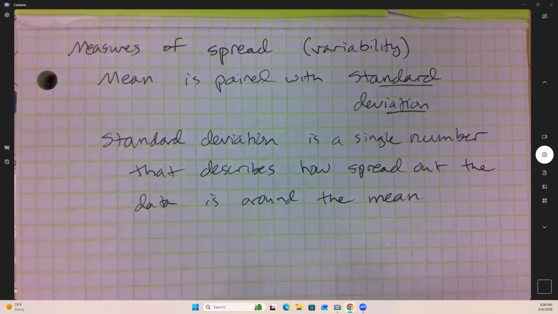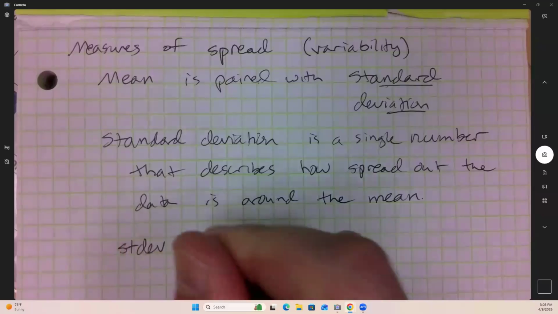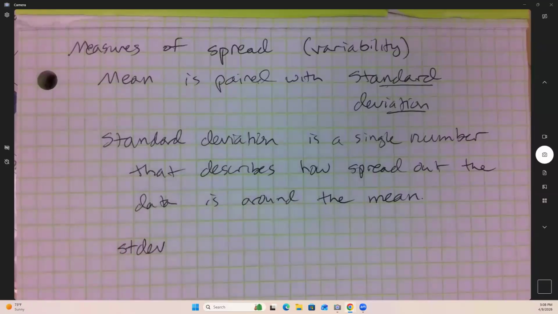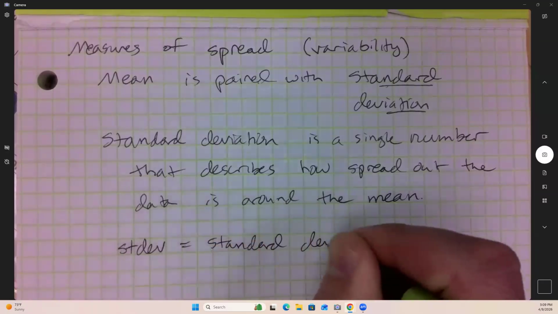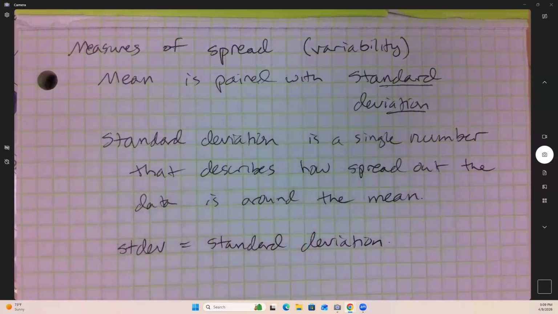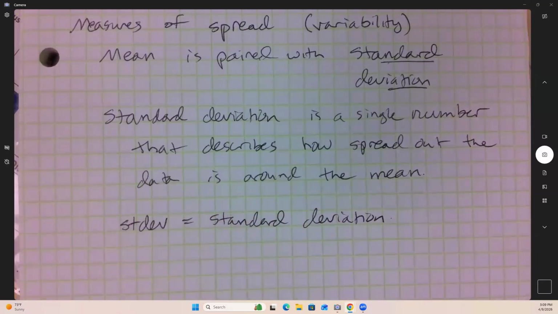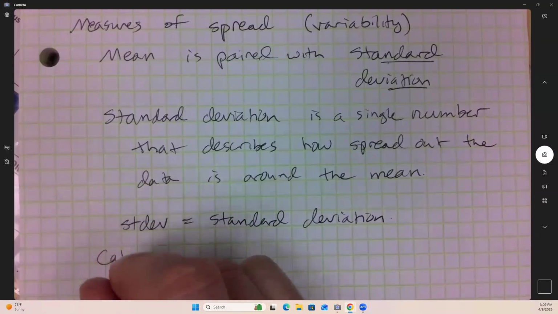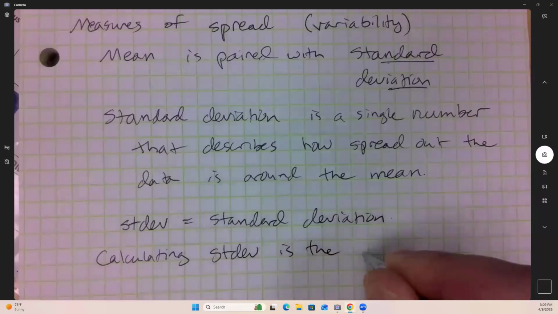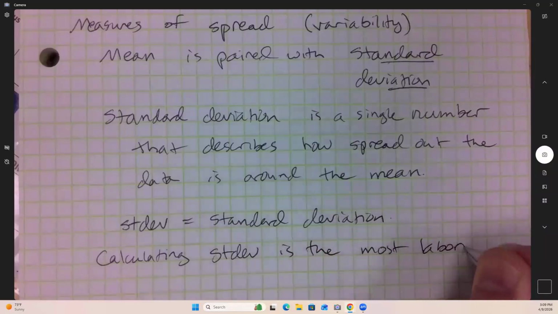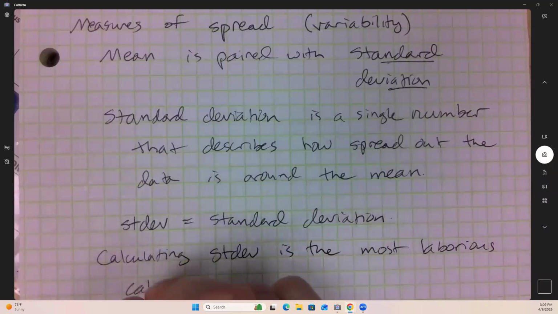Standard deviation is often abbreviated. I will often abbreviate it as STDEV. Sometimes it's abbreviated as SD, and that's how you put it into R, but I think that's a little bit too vague, so I'll stick with STDEV as a standard deviation. Calculating the standard deviation is the most laborious calculation.